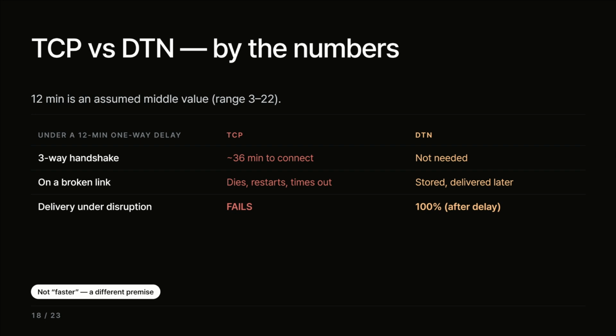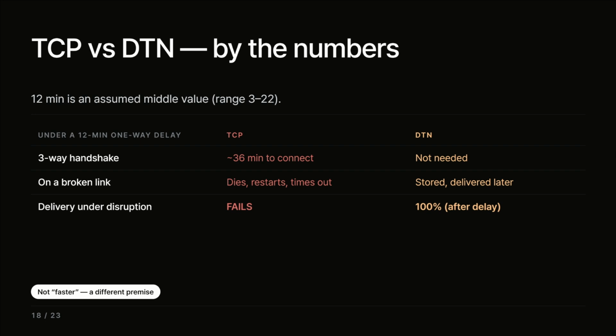Before any useful data can be exchanged, TCP requires a three-way handshake, as you know already. That process takes approximately 1.5 round trips. With a 24-minute RTT, connection establishment alone takes about 36 minutes. And that's assuming nothing goes wrong.